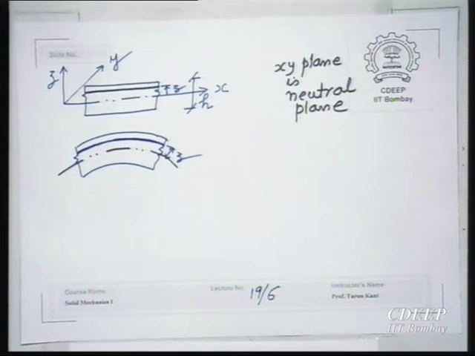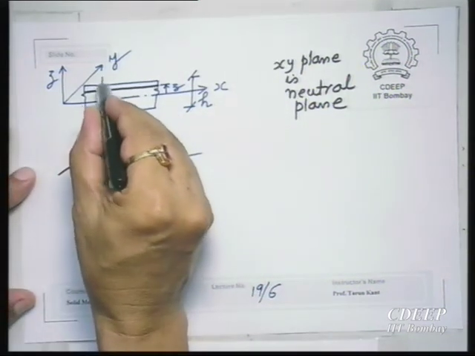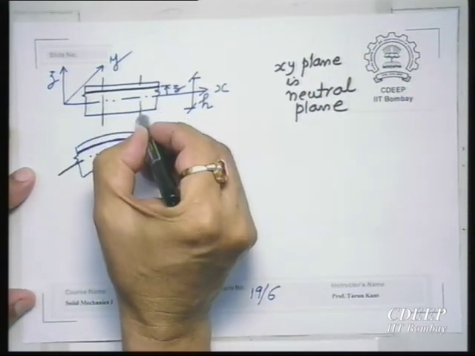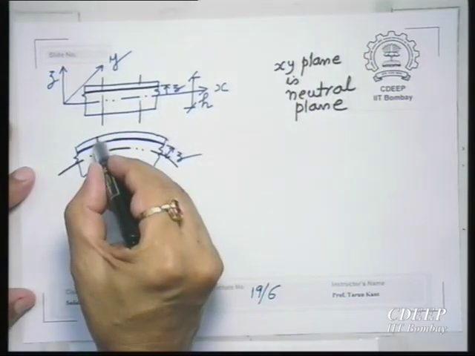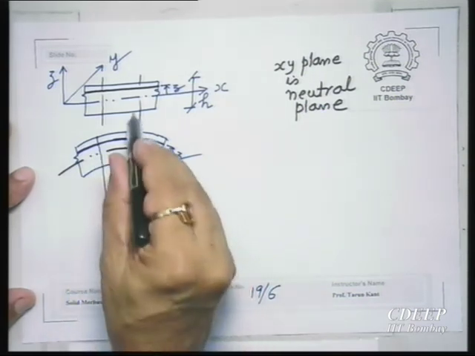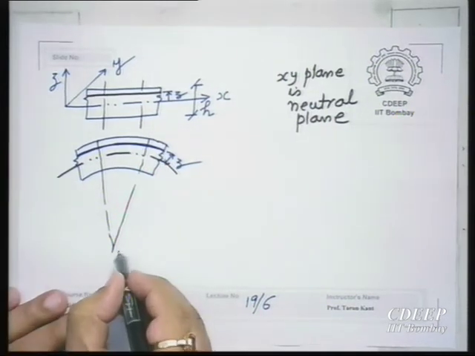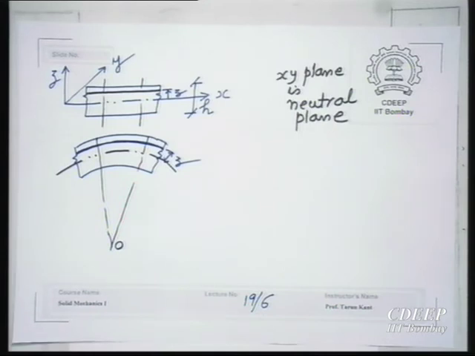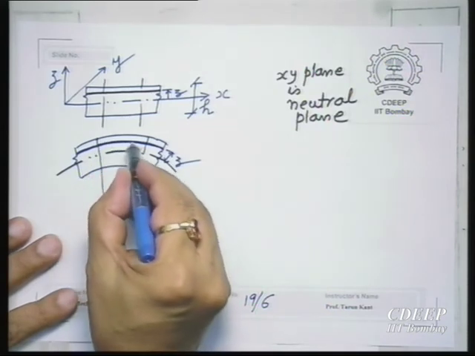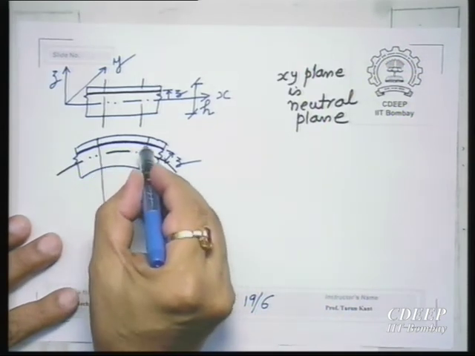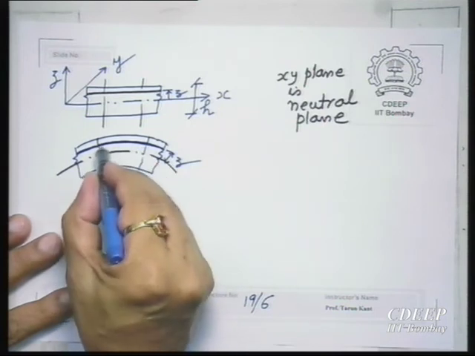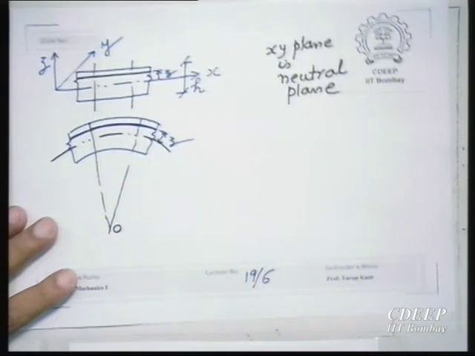So, let me consider a small element. Now that element has become so. Now this is your origin. I want to find out what is the strain in this fiber, which is at a distance z from the neutral axis.